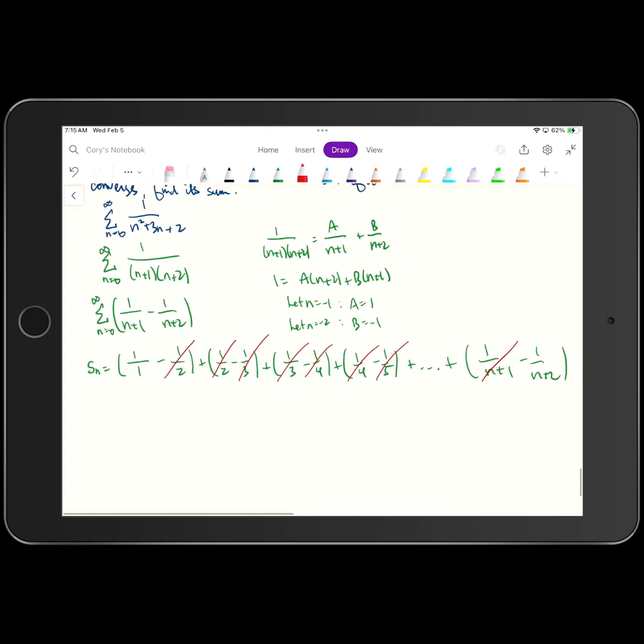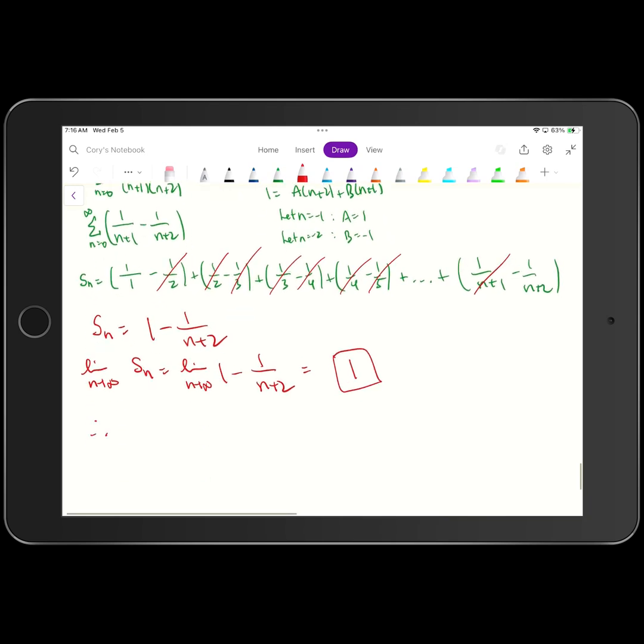Okay, so S sub n is just going to become 1 minus 1 over n plus 2. And then we want to take the limit as n goes to infinity of S sub n, which is the limit as n goes to infinity of 1 minus 1 over n plus 2. And as n gets large, 1 over n plus 2 goes to 0. So that limit is 1.